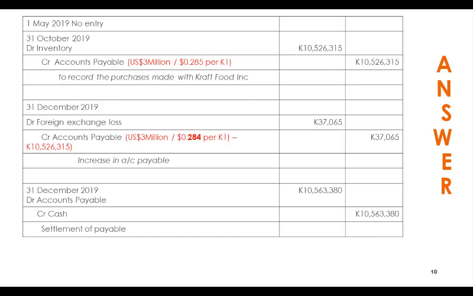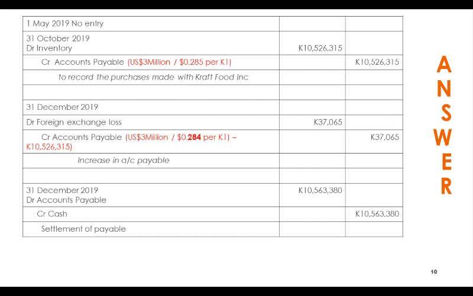I have shown you the specific rates. So in this case, this is 3 million US dollars divided by $0.285 per kina. So we have arrived at this amount. So that's the first record.